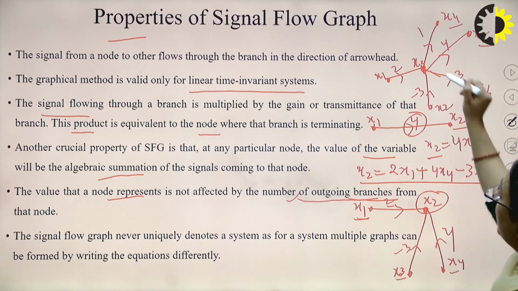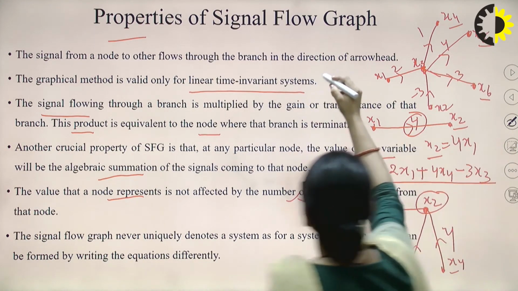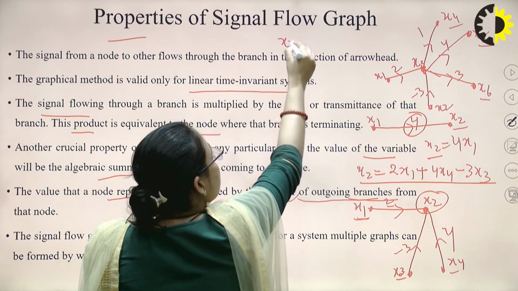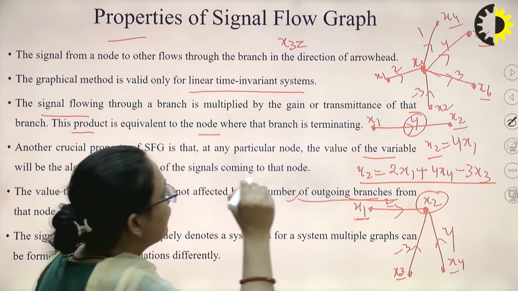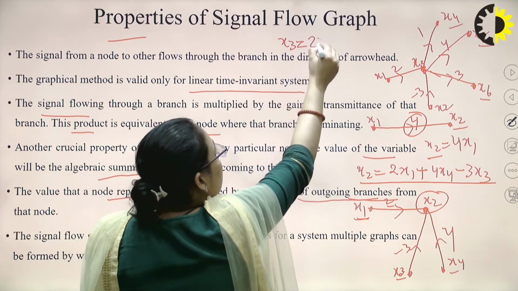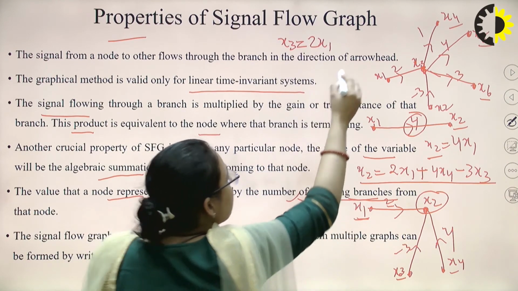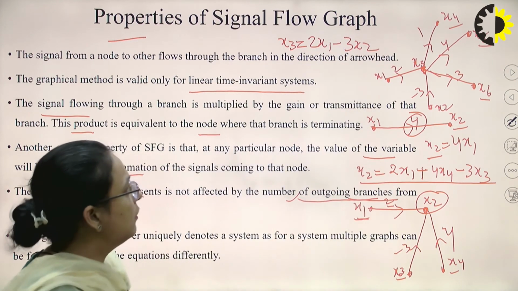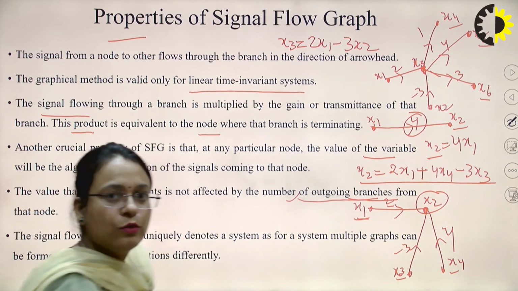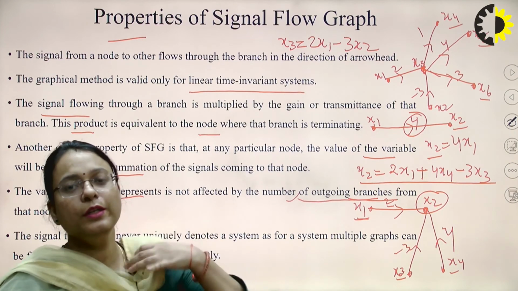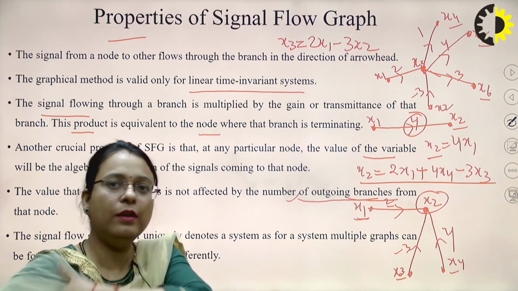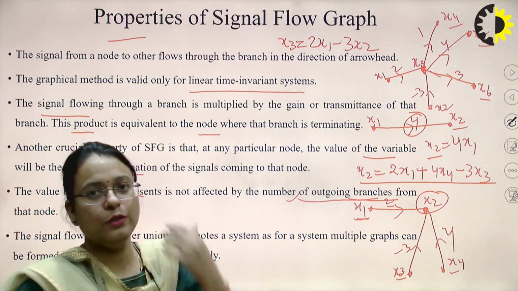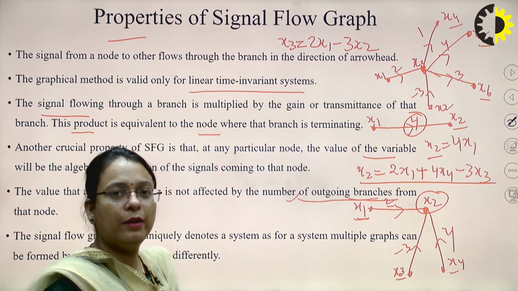So we can write x3 equals 2 times x1 minus 3 times x2. Yes, so x3 is dependent upon only these two variables, and only these two branches are incoming towards x3.